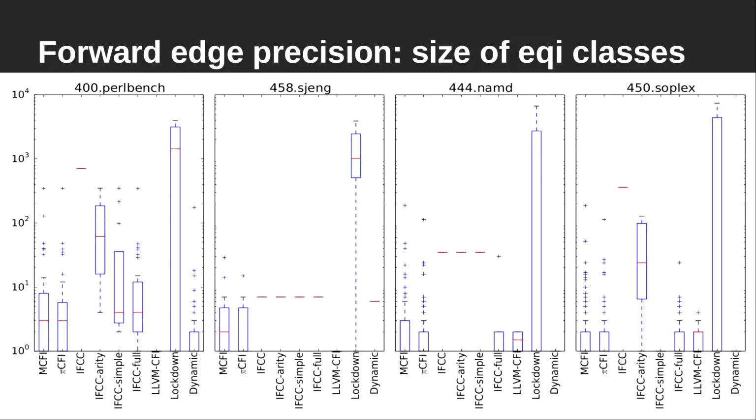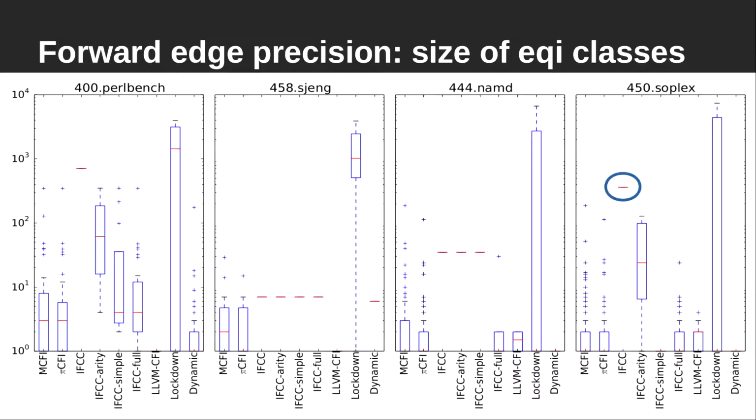And if we look at all these different locations, we see that there's a surprisingly high amount of indirect control flow transfers with a surprisingly high amount of targets that is being allowed by all these different policies. And we see that under the dynamic policy, in many locations, only very few targets are allowed. And I would like to remind you that this is a logarithmic scale. So the higher up you go, the more transfers are allowed.